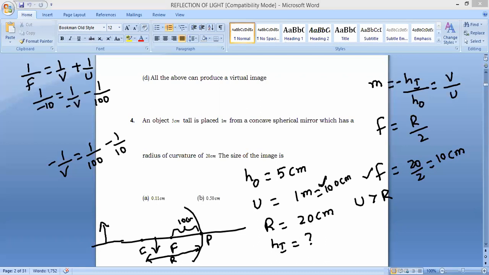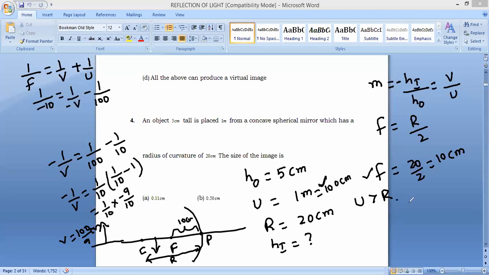So minus 1 by V equal to, if we take 1 by 10 as common, 1 by 10 times 1 by 10 minus 1, that is 1 by 10 times minus 9 by 10. So V equal to 100 by 9 centimeters.